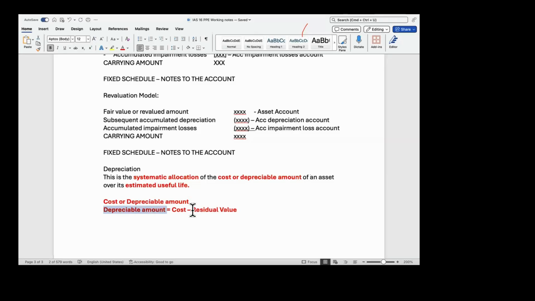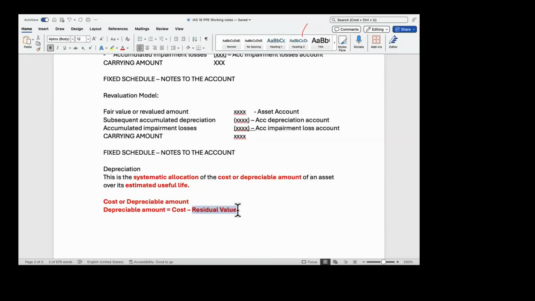Now, I really need to mention this about residual value. Residual value has to be determined from day one because depreciation has to be determined from year one, how you allocate. And this residual value, like I said, is a value determined at the end of the useful life of the asset, is the scrap value of the asset.